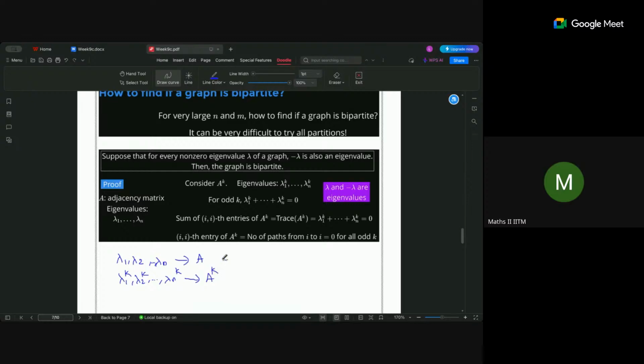Now when k is odd, we already know that lambda 1 power k plus etc. plus lambda n power k is equal to 0. Why is that so? What is the reason for this statement? Can anyone tell the reason?